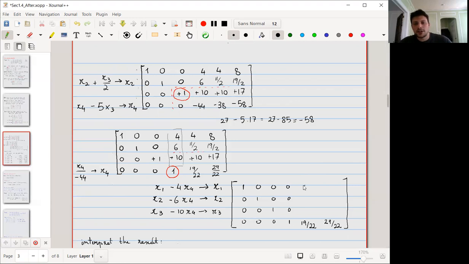We'll have 0 here. We'll have a 0 here because of how we set things up, because we'll have 1 minus 4 times 1, and that's a 0. The entry here will be 4 minus 4 times 19 over 22.